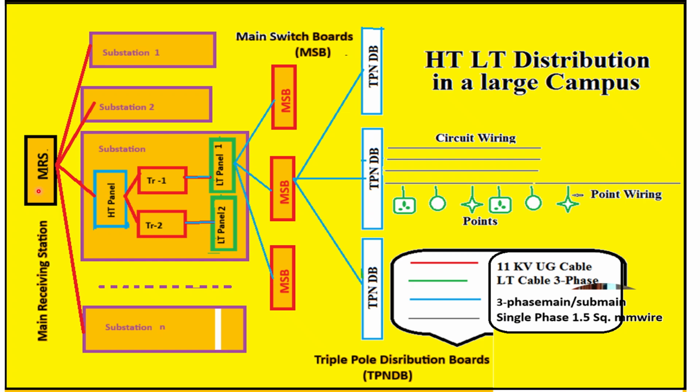Normally it is 33 kV or above. This is called the main receiving station. You take electricity in a big campus through the main receiving station, through the electricity board, normally called the utility. Now this main receiving station is connected to several substations in the campus, 1, 2, 3 and many more.